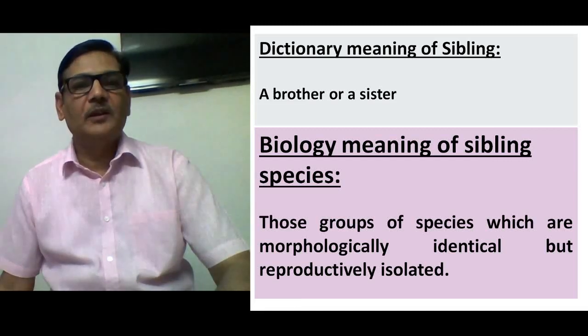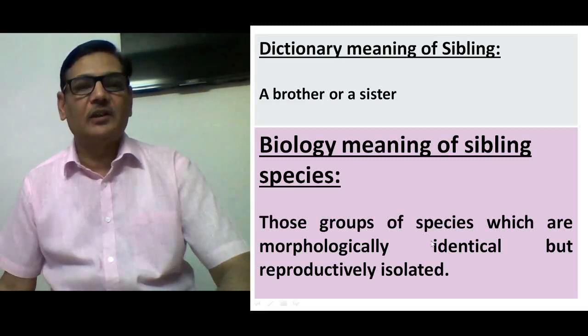It can be explained as the groups of species which are morphologically identical, but they are reproductively isolated. It means those species which look similar in appearance, but they are separated during mating, meaning they cannot mate or reproduce with each other.